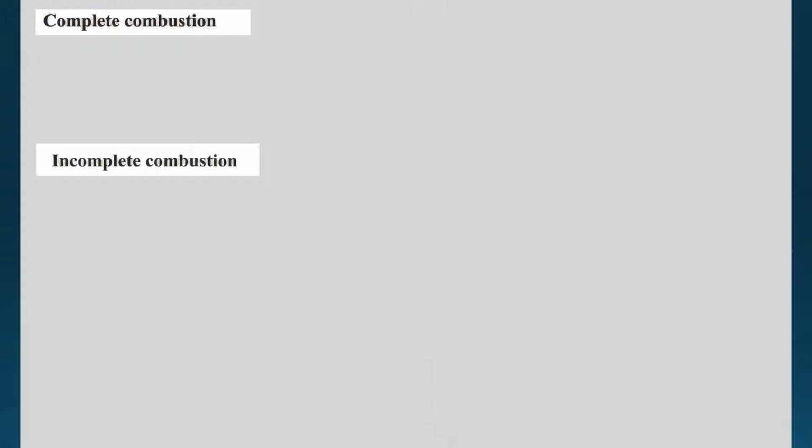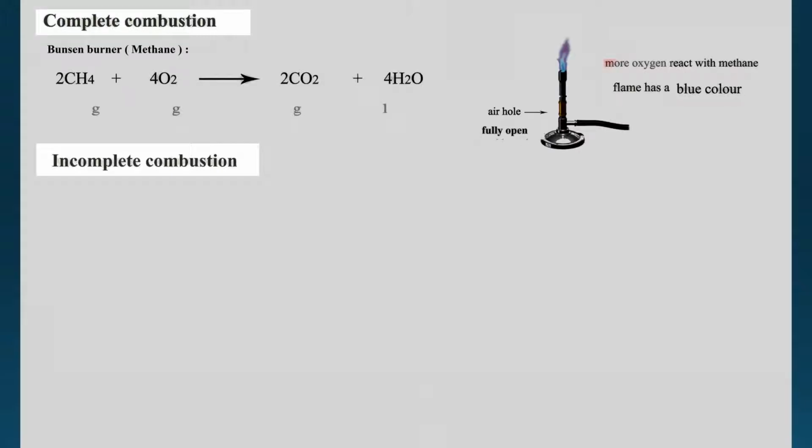Complete combustion. Incomplete combustion. What does that mean? Any hydrocarbon combined with oxygen gives carbon dioxide and water. So the formula is any hydrocarbon with oxygen gives carbon dioxide and water. As you see on the Bunsen burner, when methane burns with oxygen, you get a blue flame.